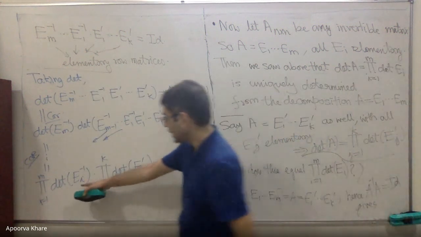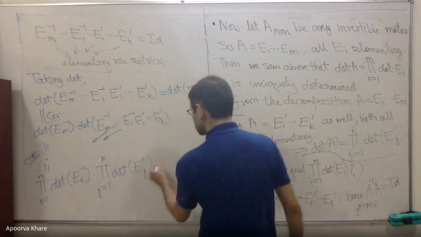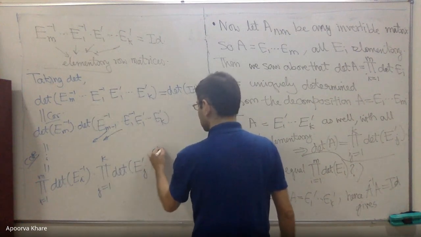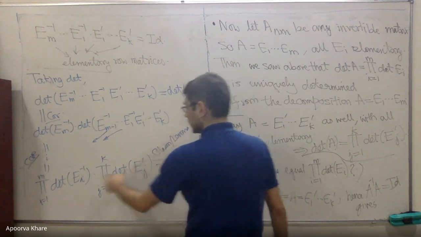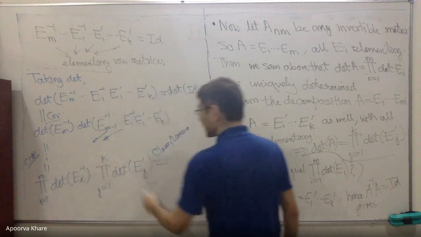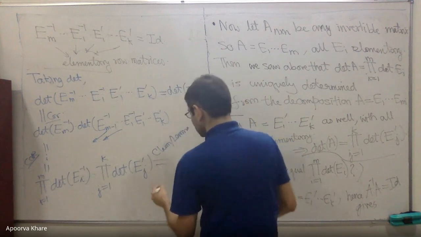But also, I saw this thing by the lemma. Now here is where I use the small lemma or the claim. The det of Ei inverse is the det of Ei, inverse, not times inverse.